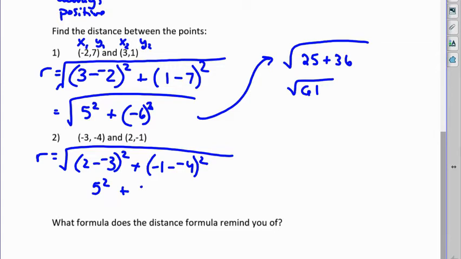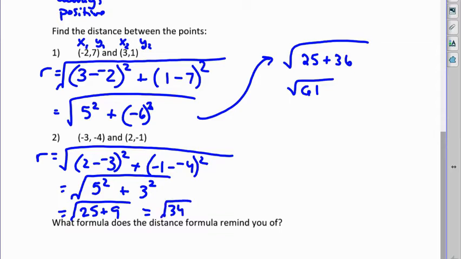Let's see, this is going to be a 3 squared. Still need my square root. And I get 34, square root of 34. And I just got to check that 34 because I know a 2 goes into it, but no pairs, so I'm done. Root 34.